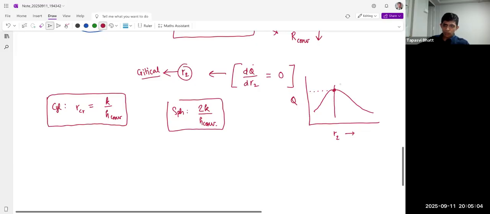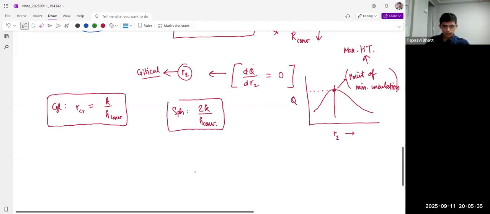So you can say point of minimum insulation, or we can say max heat transfer. So this is all what we had in week 3.